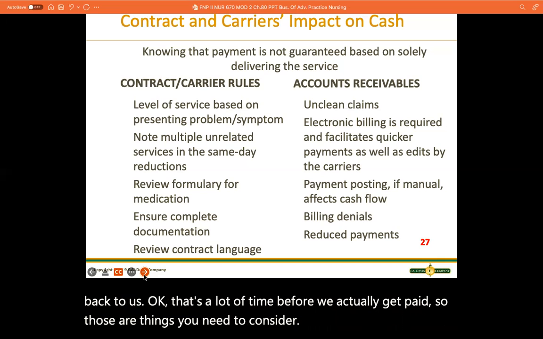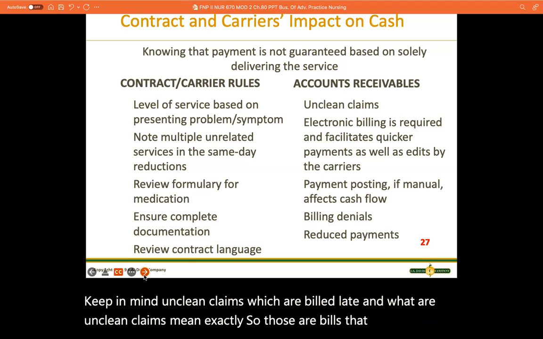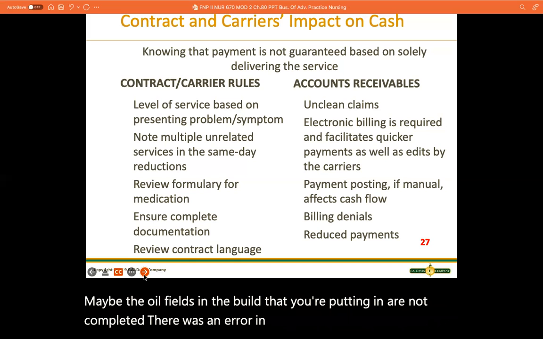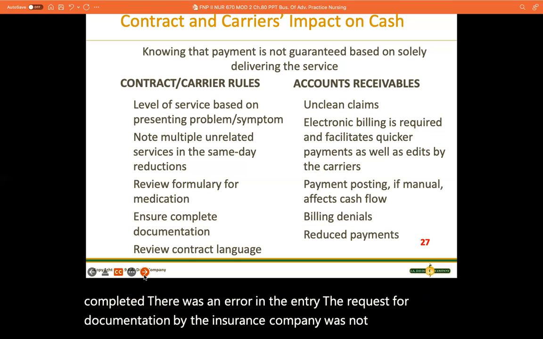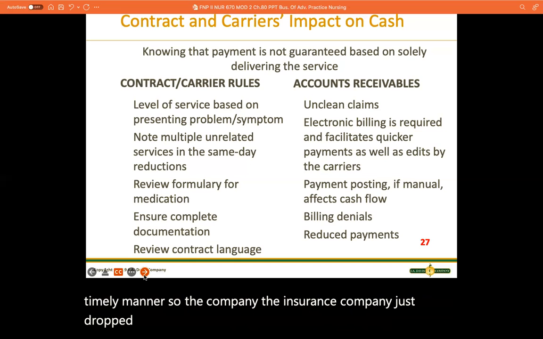So keep in mind unclean claims, which are billed late. And what do unclean claims mean exactly? So those are bills that are billed late. Maybe all fields in the bill that you're putting in are not completed. There was an error in the entry. The request for documentation by the insurance company was not sent back in a timely manner, so the insurance company just dropped it, and then you don't get paid at all.